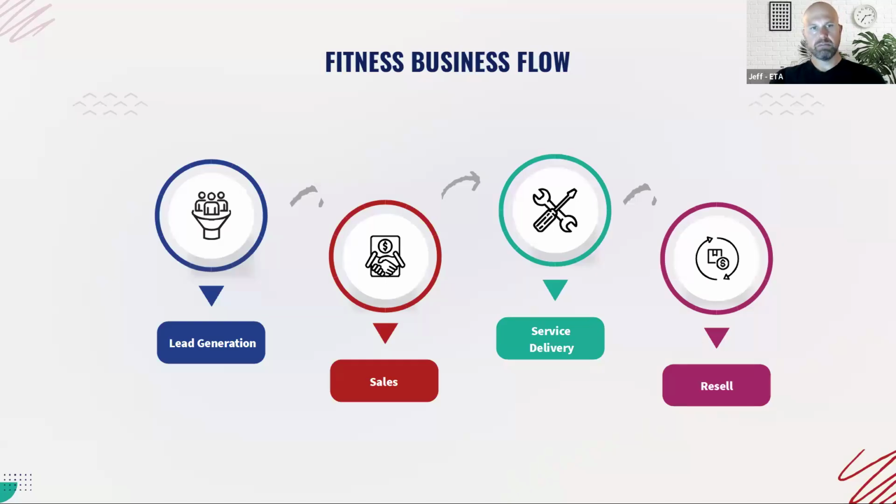So when we look at this, our key elements here are lead generation, sales, service delivery, and then reselling. Okay. That's the cycle of every business. So if you own your own studio, if you are a one-to-one trainer, if you have an online business, it doesn't matter what type of fitness business you have. This is your business flow.